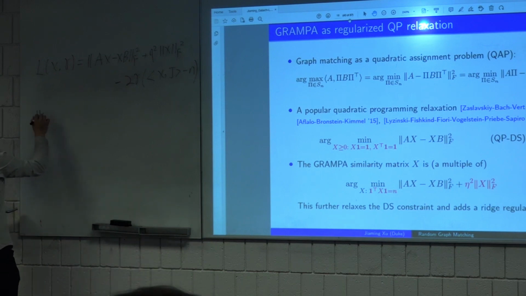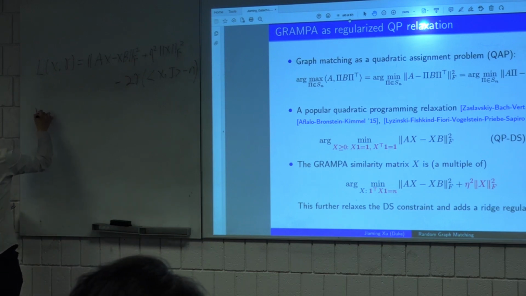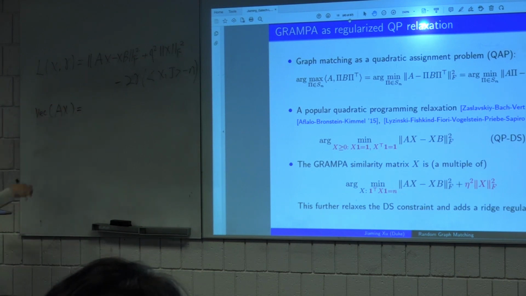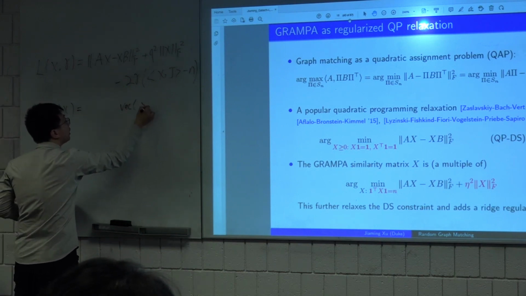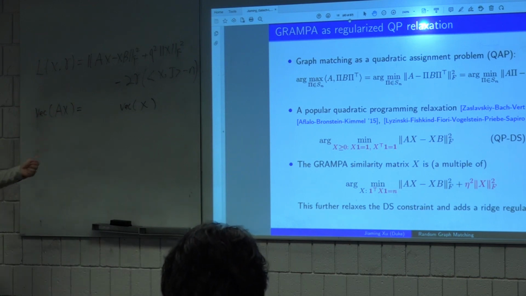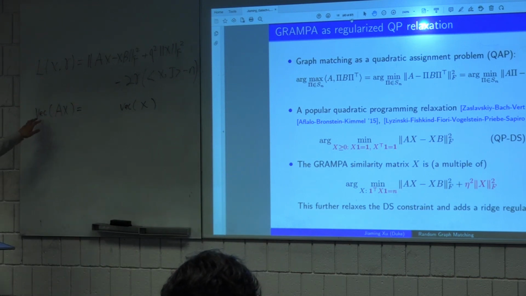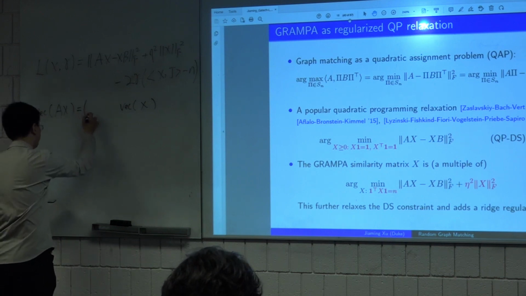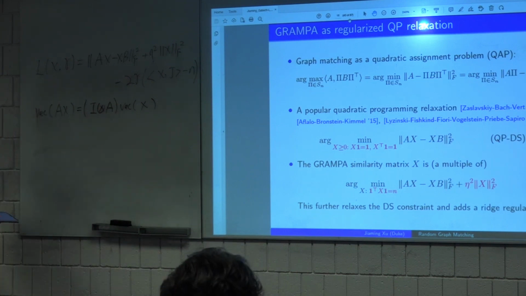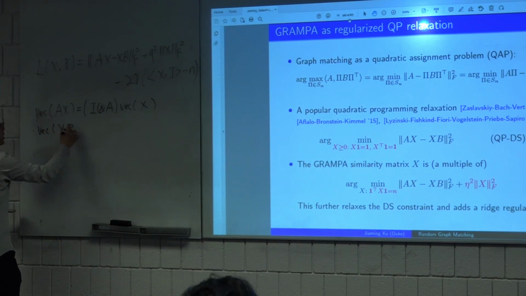Okay, so one thing is very useful. I cannot remember it every time, but there's a very nice way to write AX as the vectorization of X. The vec just means that I take my matrix, go column by column, and expand it out as a long vector. Then the vector of AX turns out to be given by I Kronecker with A. This is just some algebra, but it's useful in this setting.